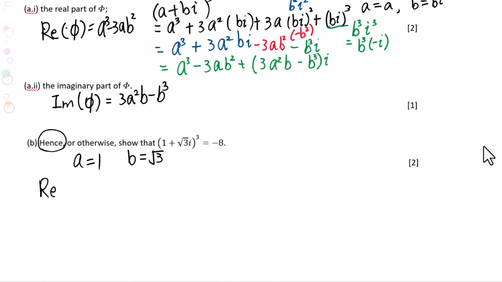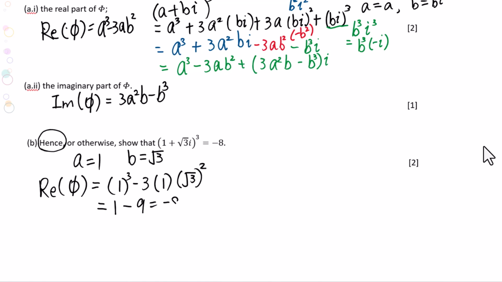For the real part of phi, equals 1 to the third power minus 3 times 1 times the square root of 3 squared, equals 1 minus 9 equals -8.